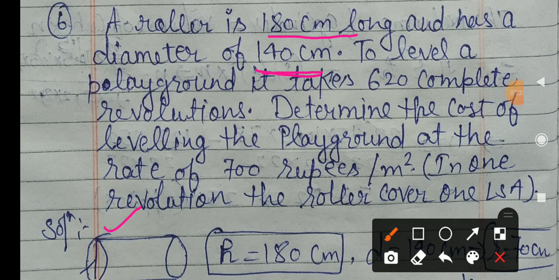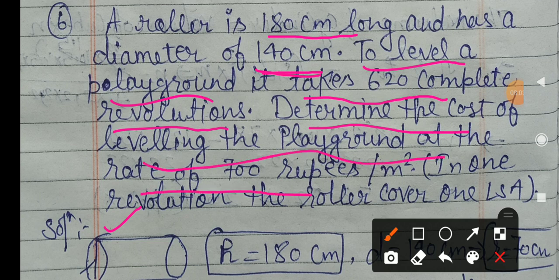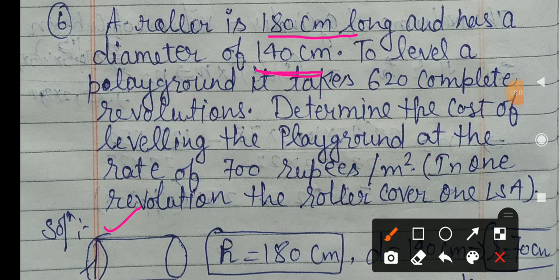Okay, read ahead. To level a playground it takes 620 complete revolutions. Here the roller helps to level the playground, and when it helps to level the playground, that time it takes 620 complete rotations. So determine the cost of leveling the playground at the rate of 700 rupees. So you have to find the cost of leveling this playground.